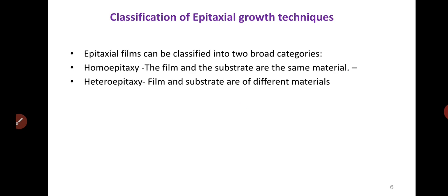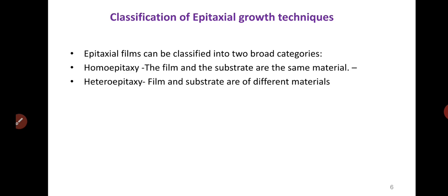When silicon epitaxial layers are grown on silicon substrate, there is a natural matching of crystal lattice and hence high quality single crystal layer can be obtained, and this method is called as homoepitaxy.